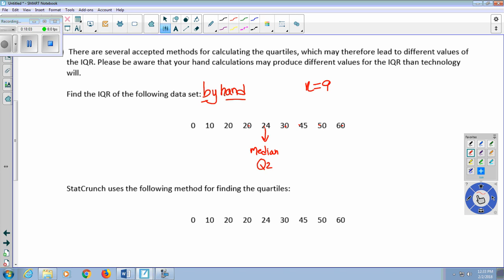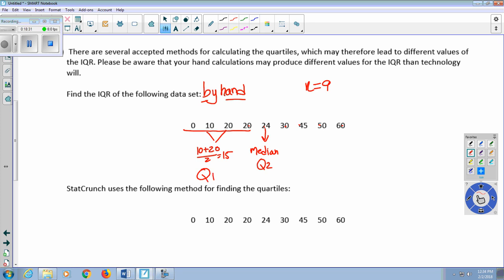Next, we're going to take our lower data set, not including our median, and cut this data set in half, finding basically the median of these 4 observations. So it's an even number, so we're going to have to average 10 plus 20. It's going to give us 15, and that will be our Q1.